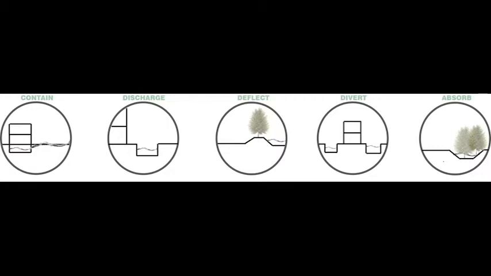And then the last one is absorb, where we integrate natural elements that naturally absorb and contain the floodwaters. In this case, a lot of the studies I looked at integrated a secondary flood lake where in a non-flood event it was just open park space that was terraced, but during a flood event it was a lake.